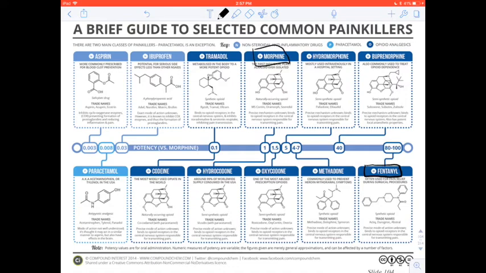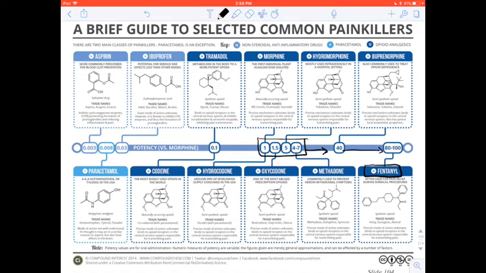Whenever you have people addicted to these pain meds, here are the ones that you can normally take home, then they need stronger and stronger stuff. And so a lot of times they turn to heroin, which is in this range, and then we have fentanyl.